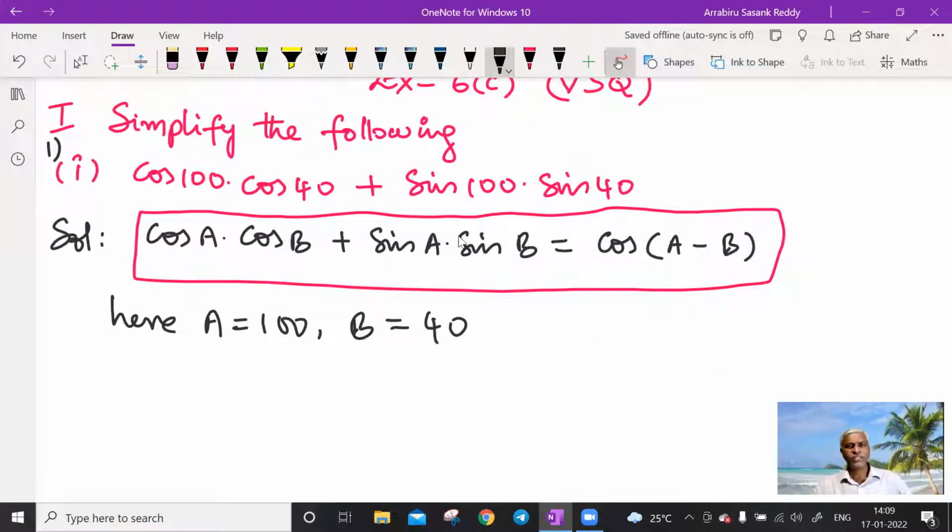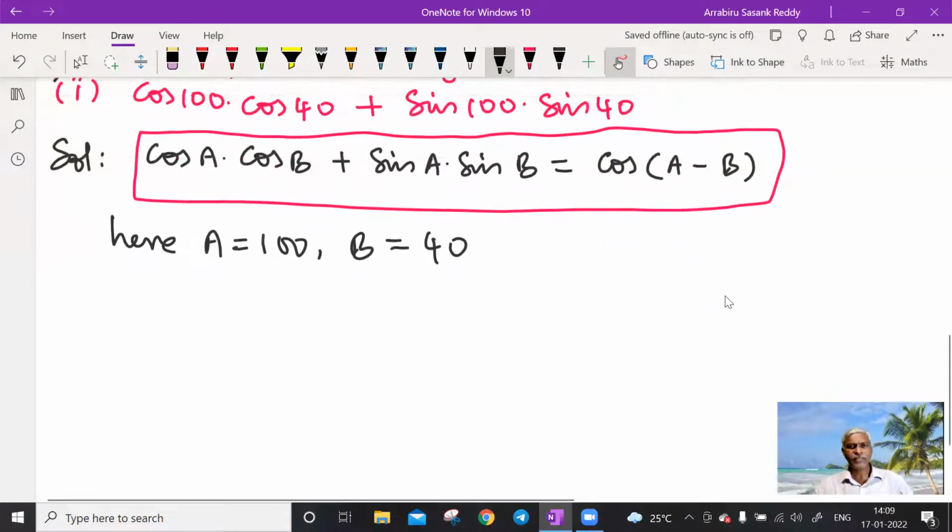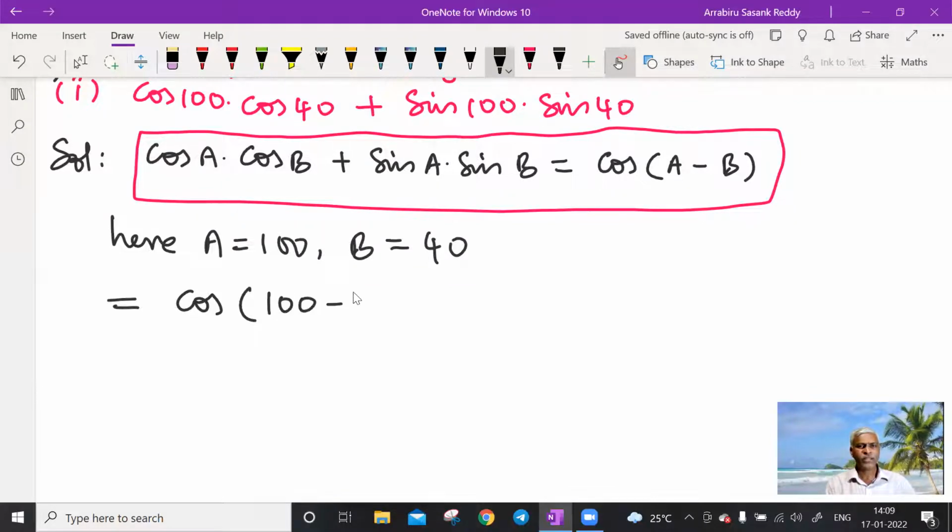So this becomes cos(A minus B), that is cos(100 minus 40), that is cos 60 degrees.